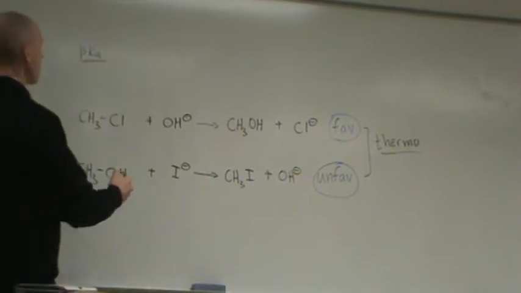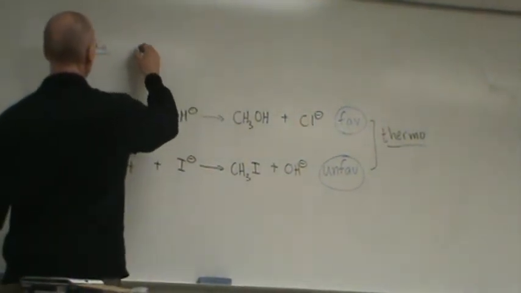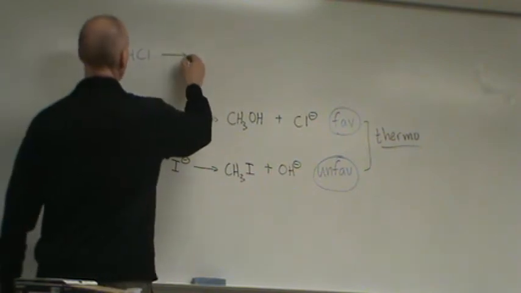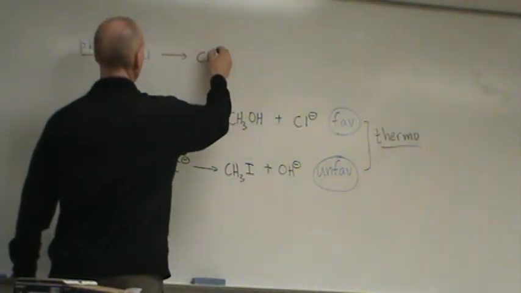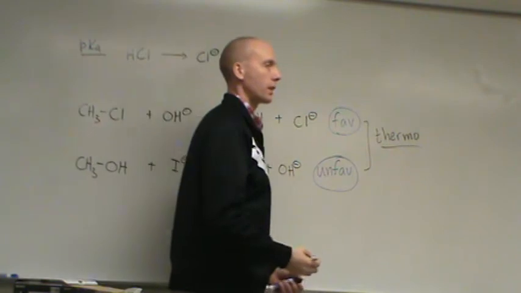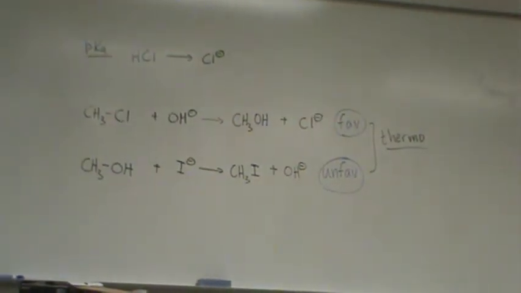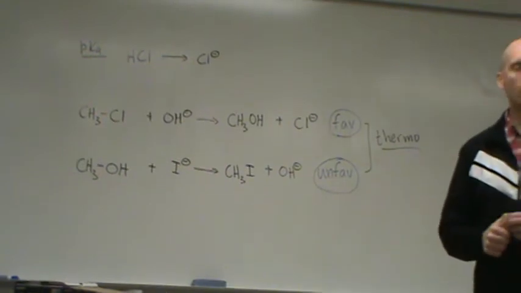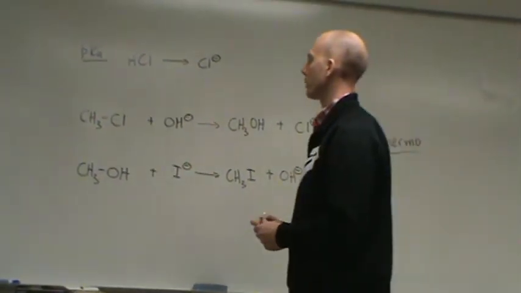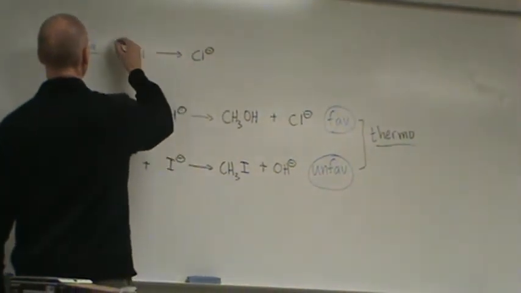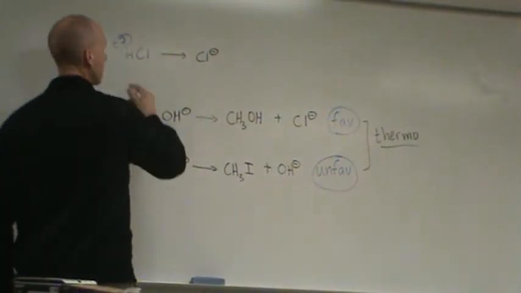For example, HCl: the conjugate base of HCl is Cl minus, and the pKa of HCl was -7.